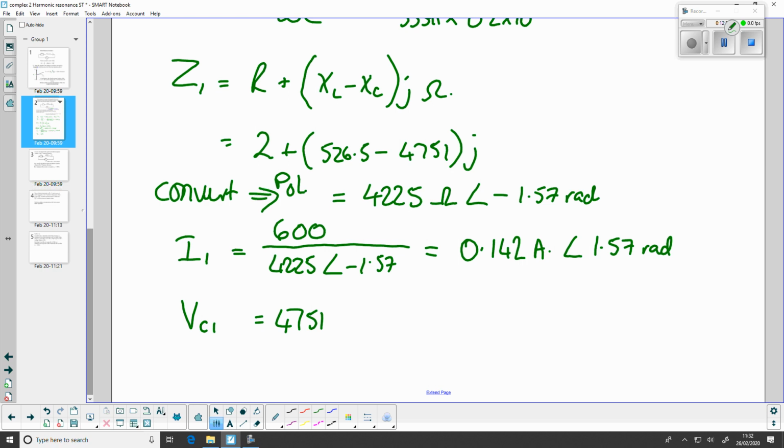Let's just write that down there: XC times I1, which is 4751 times 0.142 equals 675 volts.